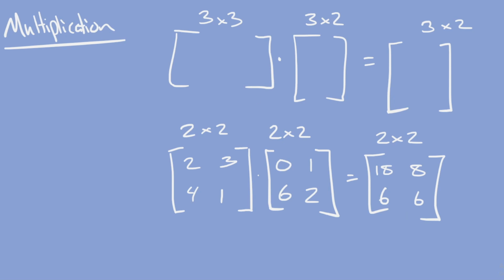So this definitely takes much more time than addition. It is a little more tedious, but that is how it's done. So let's look at why we need the columns equal to the rows.